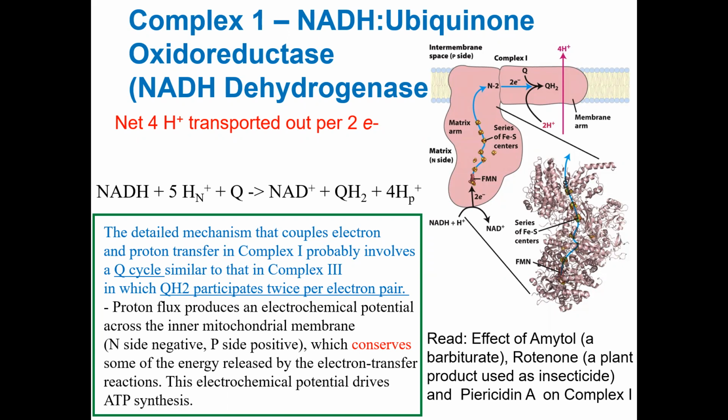Okay, so but anyway, rotenone is a plant product that is used as an insecticide, right? And piericidin A is an antibiotic. And it turns out that all three of these molecules are inhibitors of complex 1.